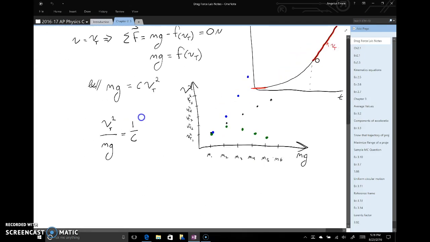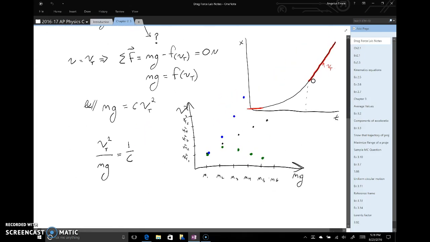Next, we need a graph that can give us a relationship between our drag force and the velocity we're moving at. And the way that we're going to do that is we're going to manipulate weight so that we can get a proper relationship. So at terminal velocity, we found that the weight of the object is equal to the drag force.